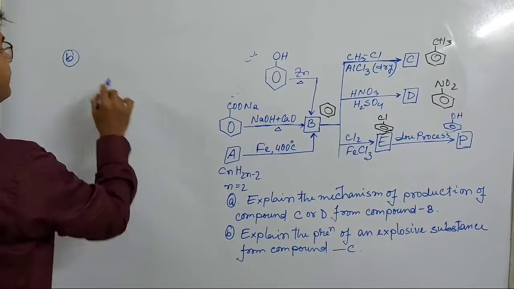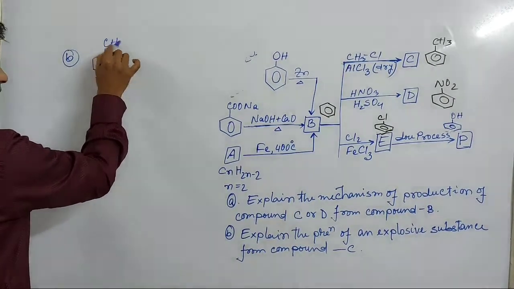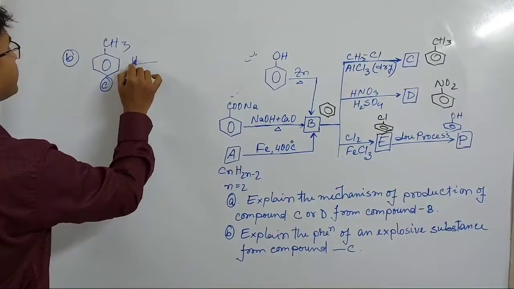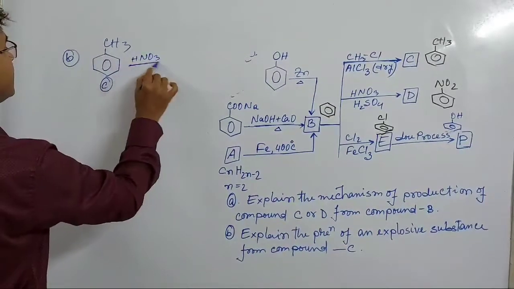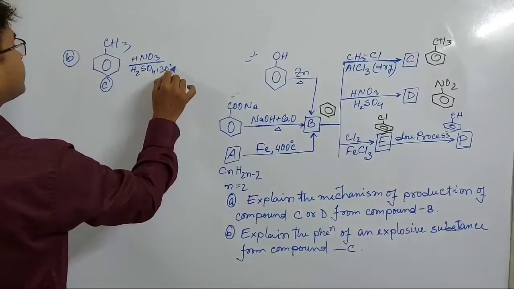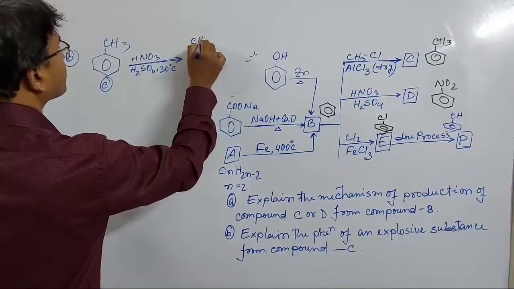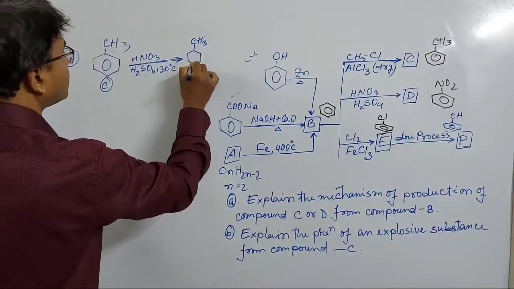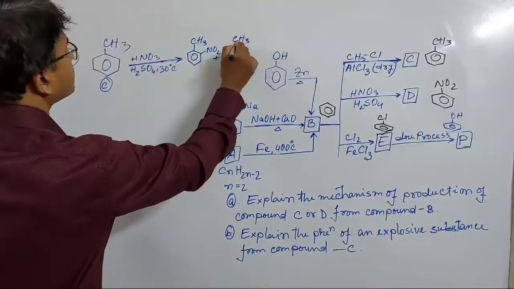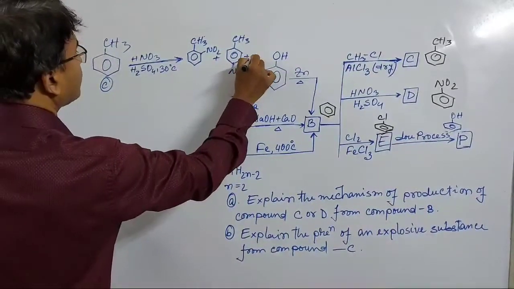Question number B. This is toluene, compound C. Toluene reacts with nitric acid in the presence of sulfuric acid at 30 degree centigrade temperature to produce orthonitrotoluene and paranitrotoluene plus water.